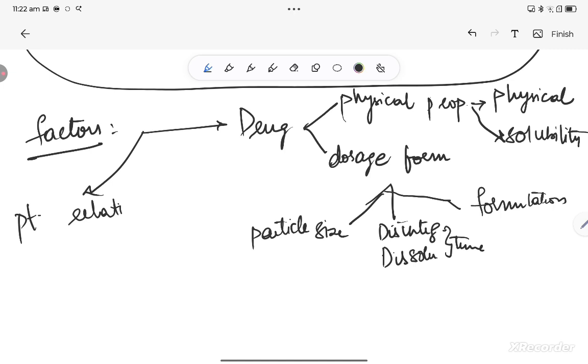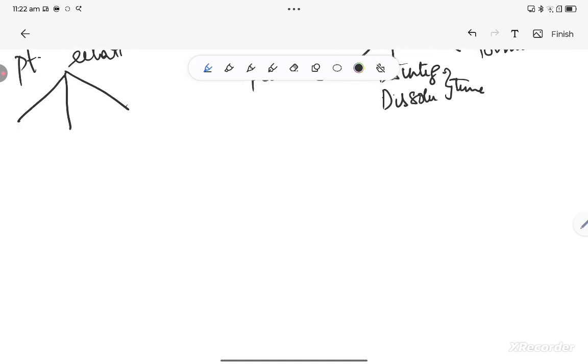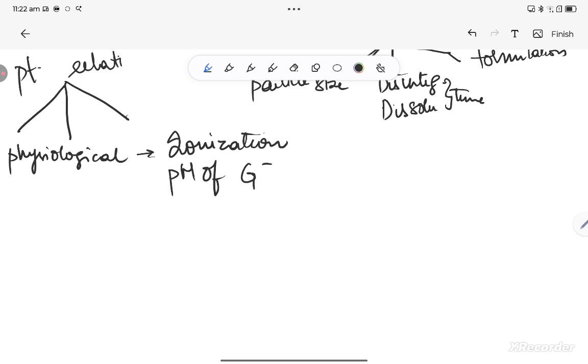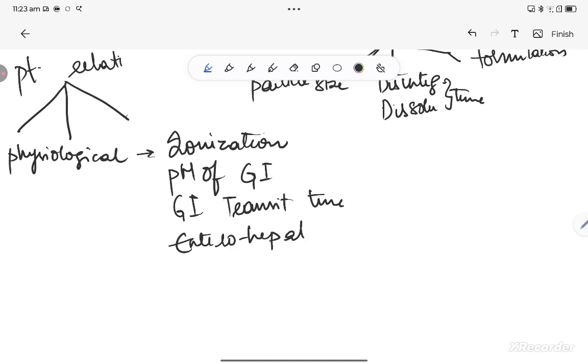Now, we will talk about patient related factors. This is what we are much more bothered. With respect to patient factors, first thing is your physiological factors. Physiological factors mainly include ionization and then pH of the GI fluids, GI transit time, enterohepatic cycling, first pass metabolism.